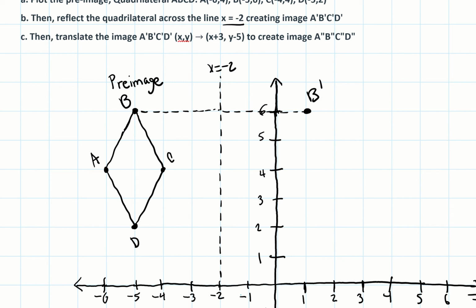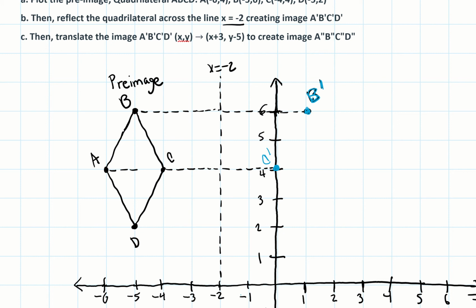Let's use a different color for that. Let's see, C has to be the same distance as well. It looks like it's 2 units away. So it'd be 2 units away there. Let's label C prime.